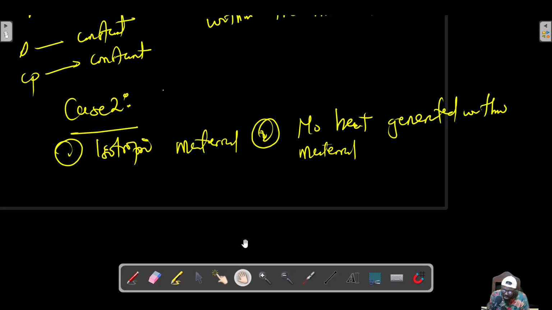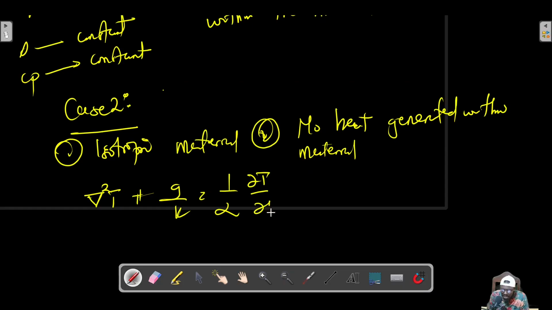The equation initially was the Laplacian of the temperature field plus G dot over K is equal to 1 over alpha del T del small t.